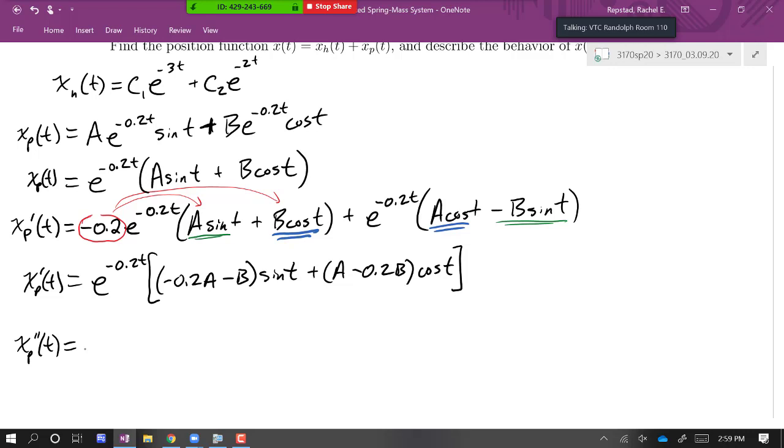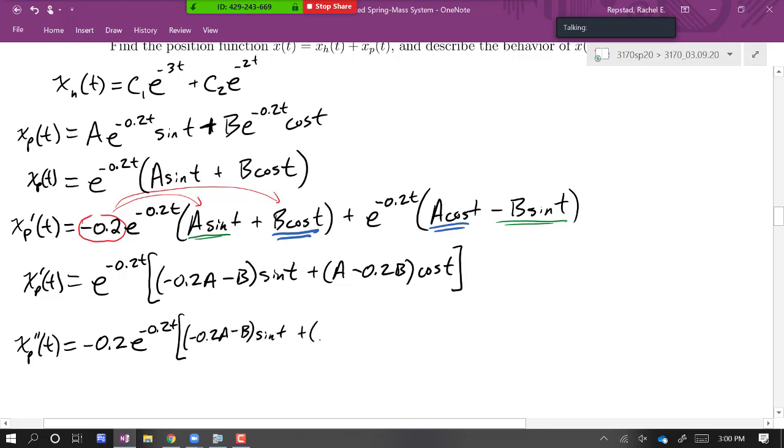All right, so let's do the second derivative. I'll take the derivative of the first guy first, so minus 0.2 e to the negative 0.2t, and then the stuff in the brackets. And then e to the negative 0.2t.